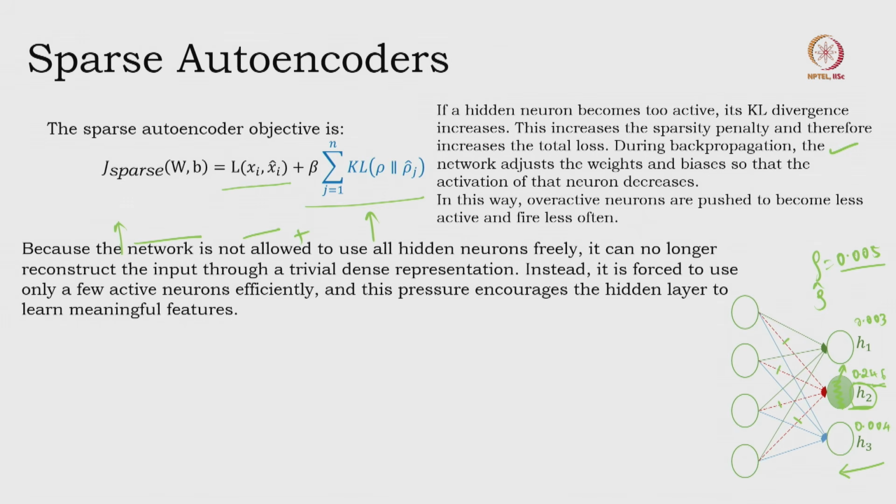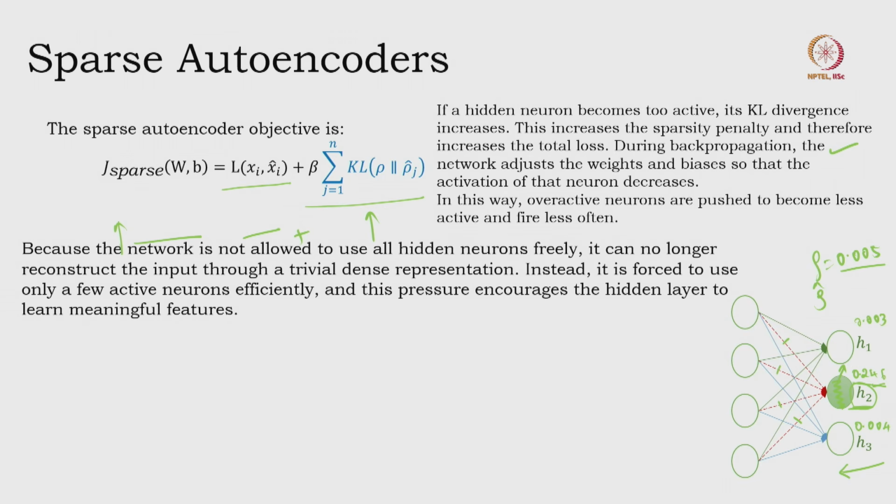Because the network is not allowed to use most of the hidden neurons freely, it can no longer have that overfitting problem, right? Instead, it is forced to learn. You are enforcing it to use only a few active neurons, so that when the neurons are active, and fewer neurons are active, it is going to capture the important information in the data.